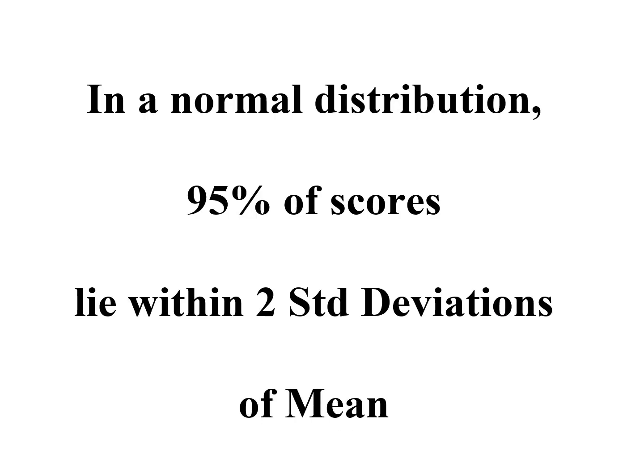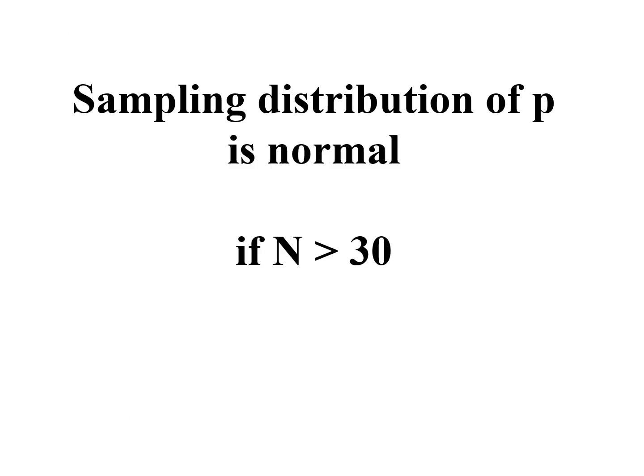In a normal distribution, 95% of the scores lie within two standard deviations of the mean. Now, the sampling distribution of p is normal if n is greater than 30, which in this case we had an n value of 1,000. So we have enough individuals in our samples.